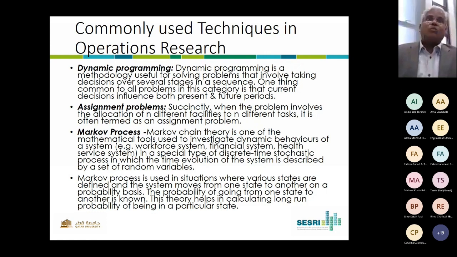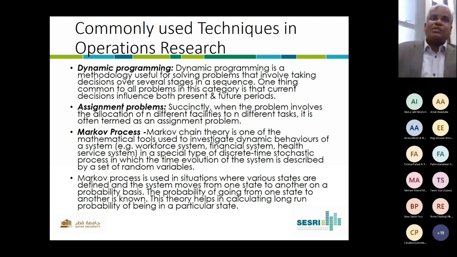Markov chain theory is one of the mathematical tools used to investigate the dynamic behaviors of systems, workforce, financial systems, health services systems, and health systems implementation. It is a special type of discrete stochastic process in which the time evolution of the system is described by a set of random variables.